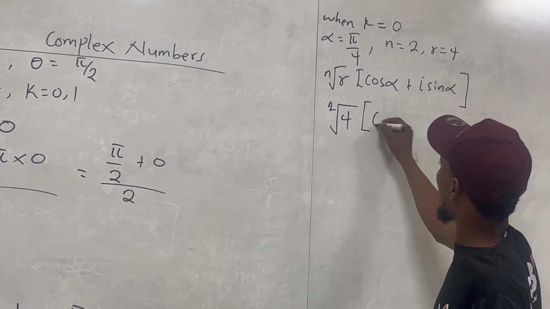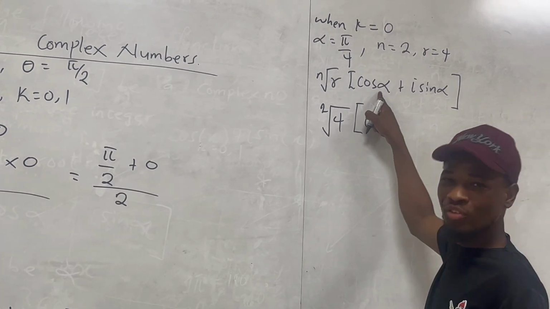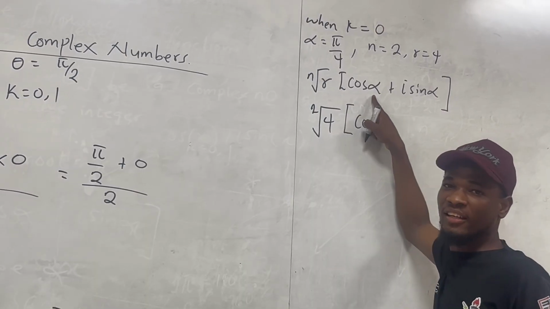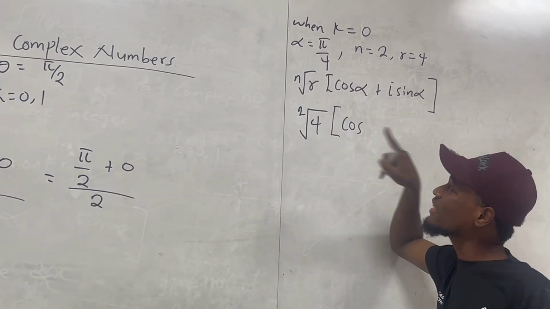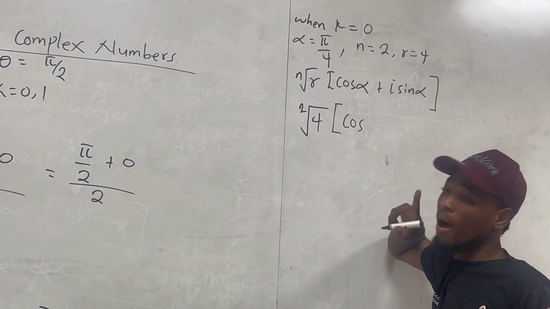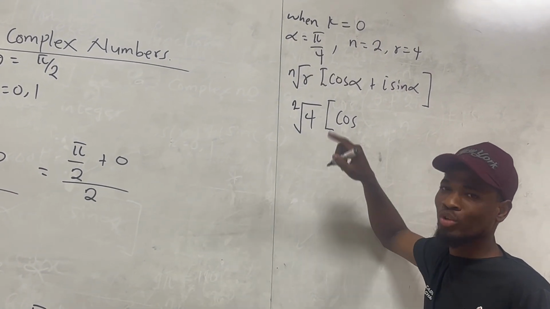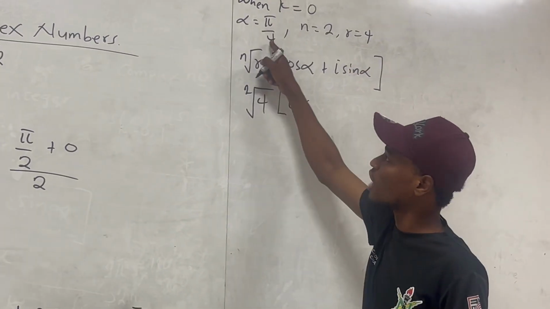Then multiplying cos alpha. Viewers, be very careful. We don't use theta here, because theta is not the true angle. The true angle is always alpha, so we are going to use alpha.